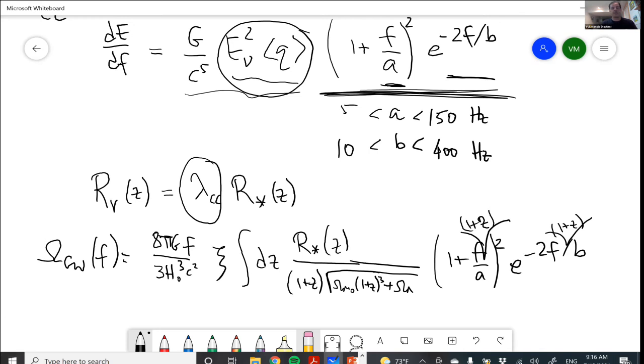So that's the full expression for the energy density, or for Omega, as produced by this model of the stellar core collapse.